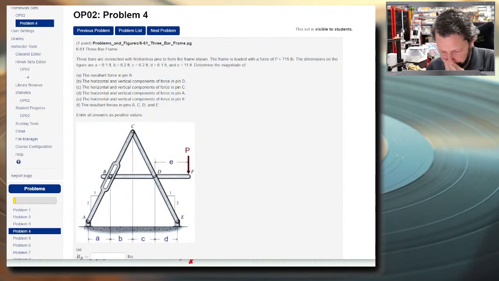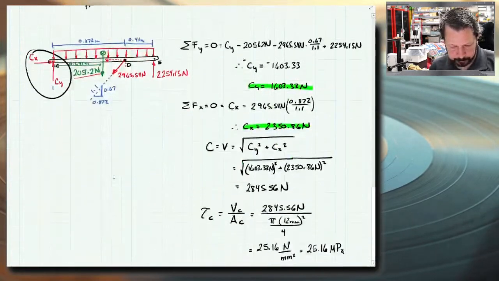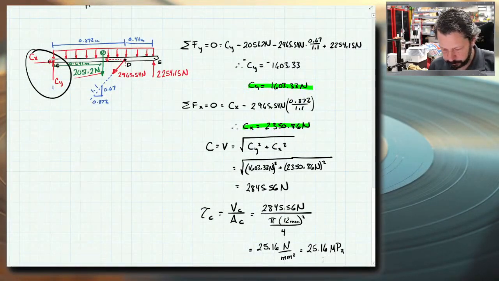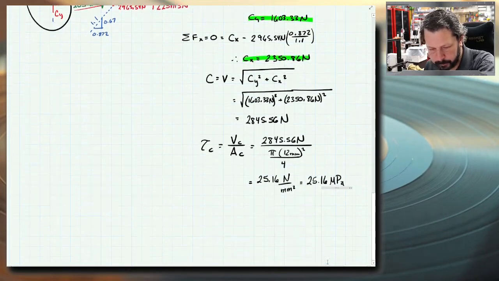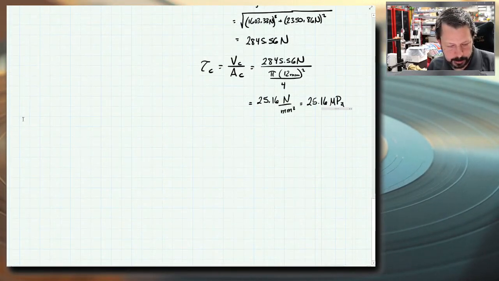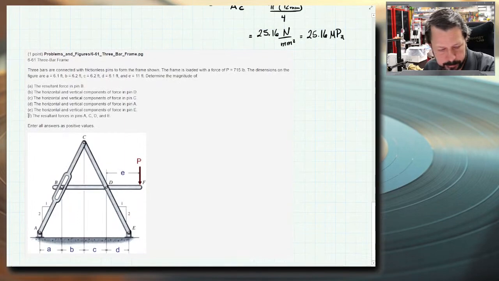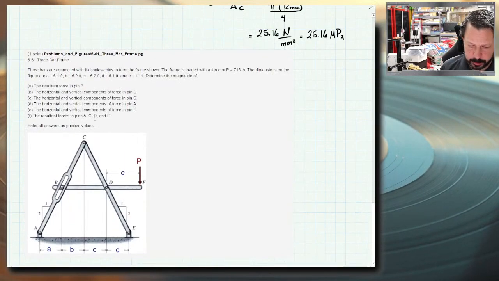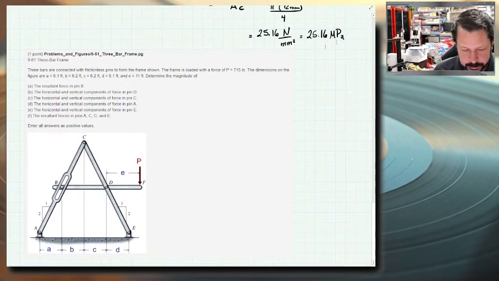Okay. Let's put it over here. And ask for a whole bunch of stuff. I don't know if we'll solve all of that, but let's just see what happens to this thing and how we can make it solvable.